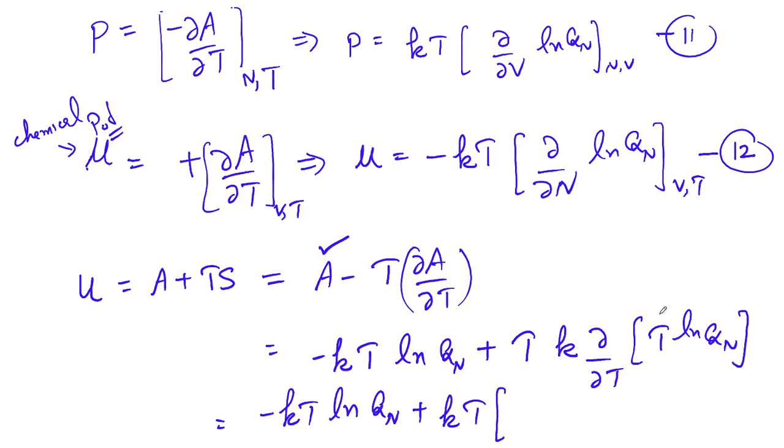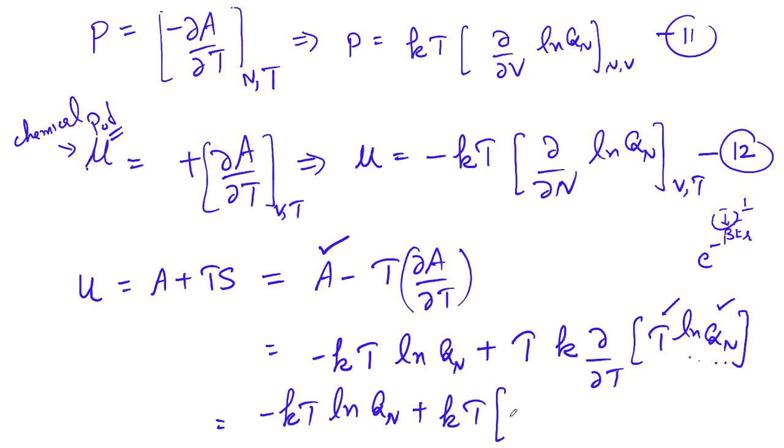So taking the derivative one time with respect to T and a second time with respect to log Qn, because this partition function is also a function of beta. The partition function involves minus beta times E, and beta is dependent upon temperature. So we also have to take this term within our derivative.